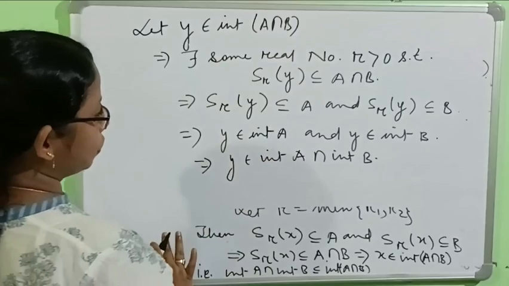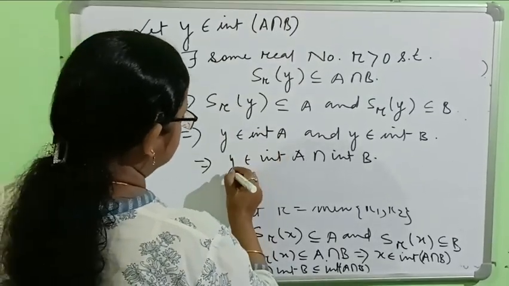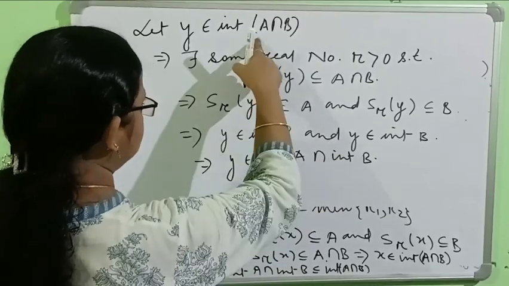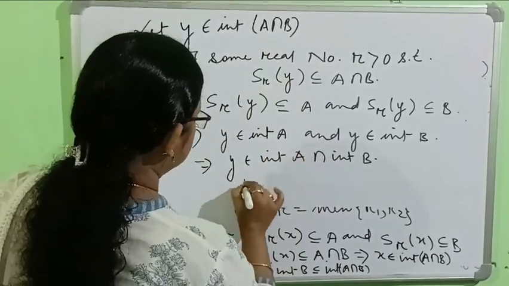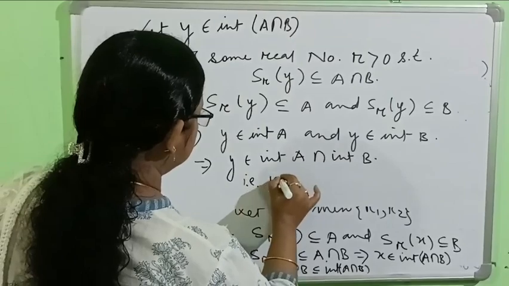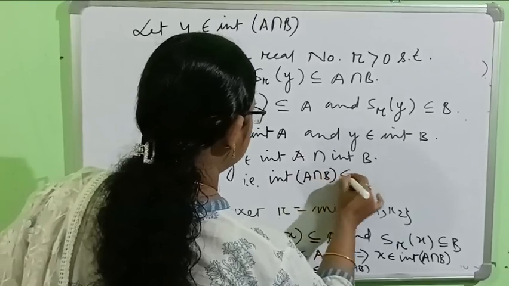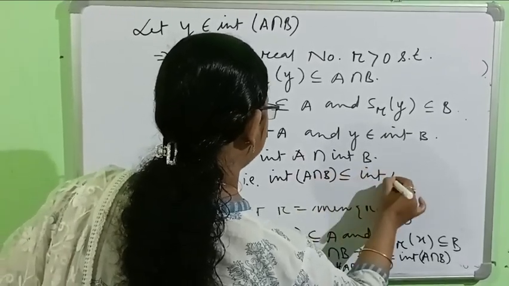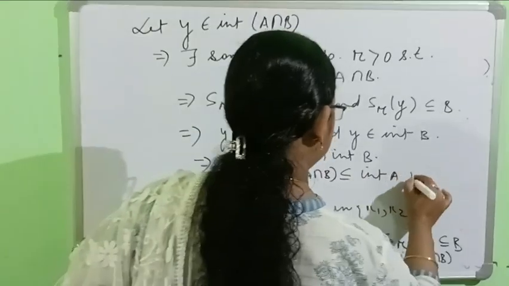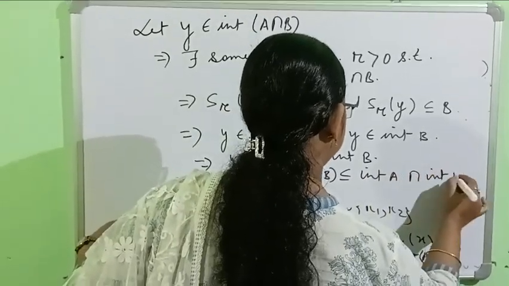After calculation, we have found that y belongs to this intersection. That means interior of A intersection B is a subset of interior of A intersection interior of B.